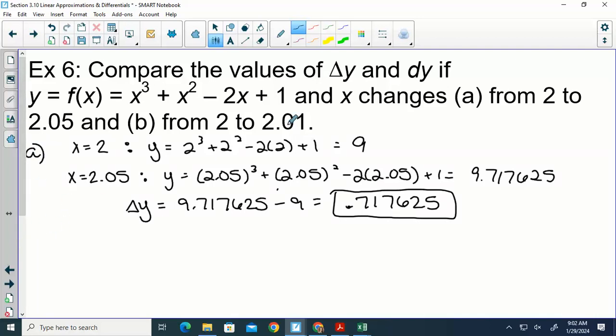So now, if I want to find dy, we need essentially our differential. Right, so let's think. Our dy dx is just our derivative. What's the derivative here?